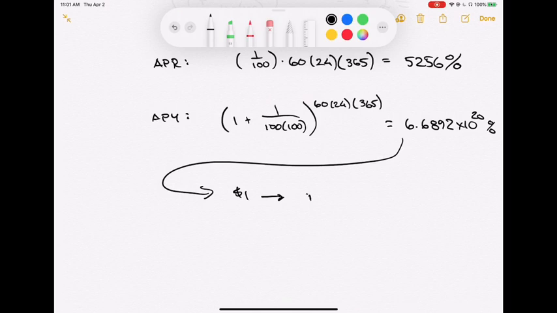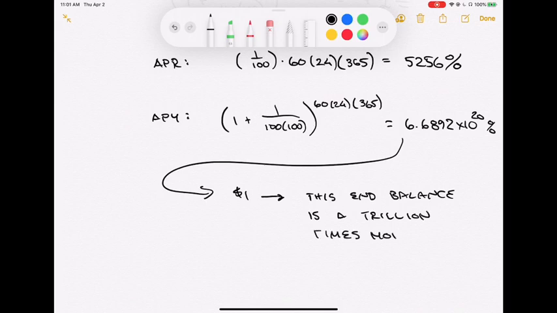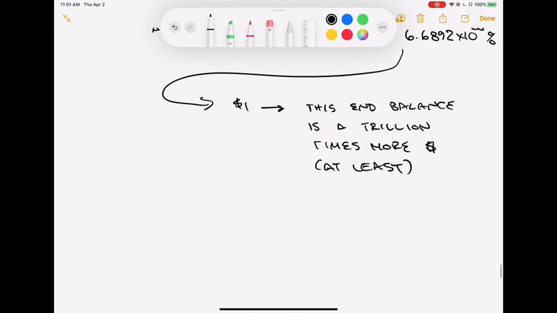Okay, this end balance is at least a trillion times more dollars than exists in the entire world.